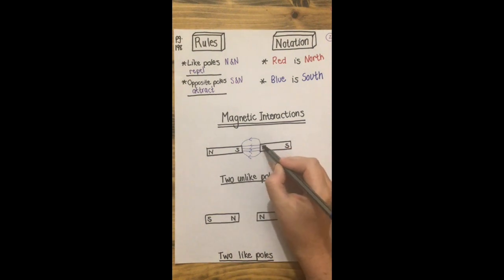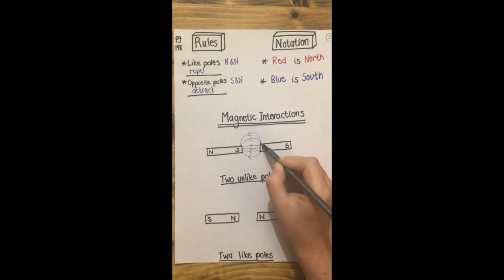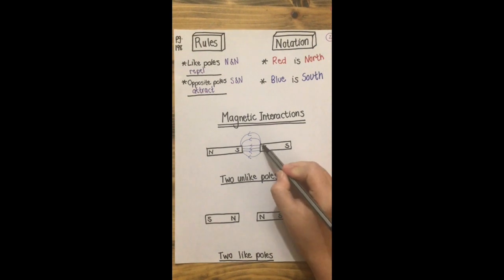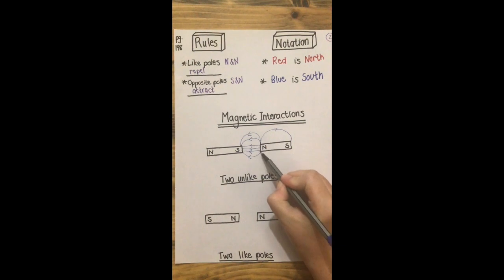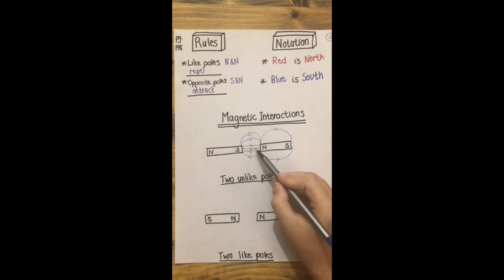Over here, you would start seeing a rounded magnetic field, but this end of the magnet is not only attracted towards that south end, it is also attracted towards this south end. So you would start seeing a north to south interaction this way as well. Likewise, at the bottom, you would see a north to south interaction as well.